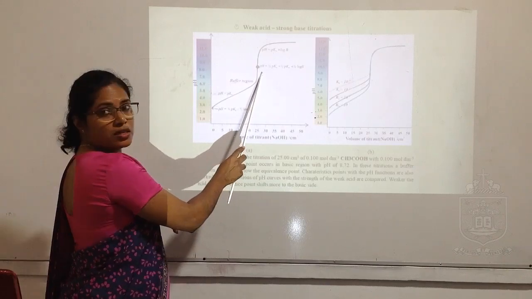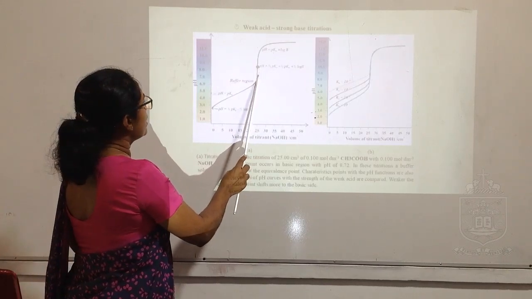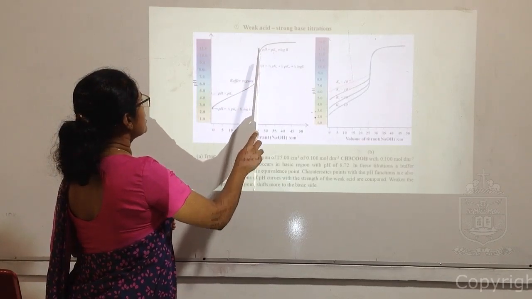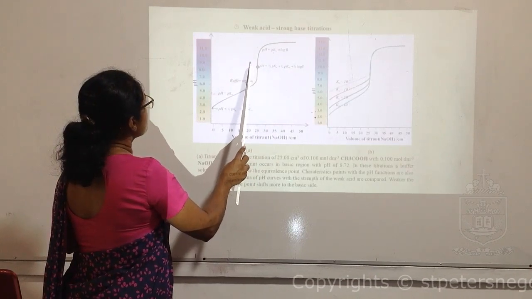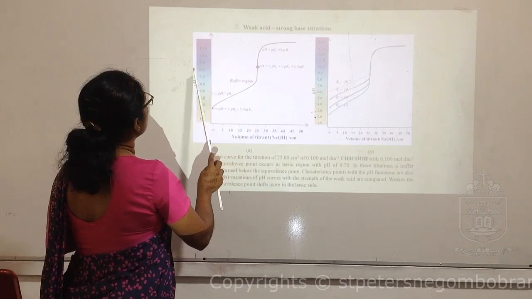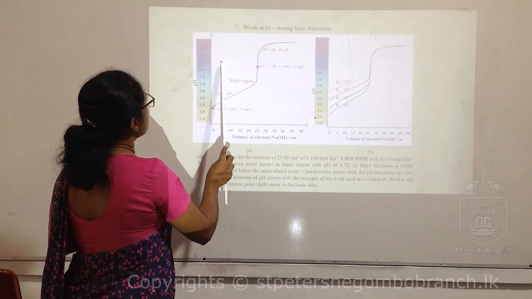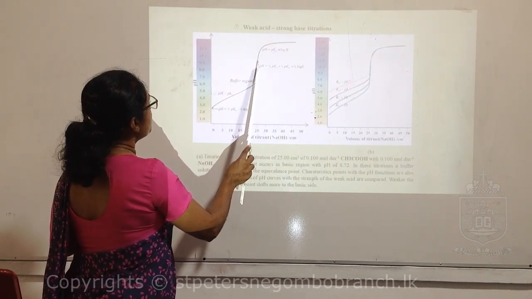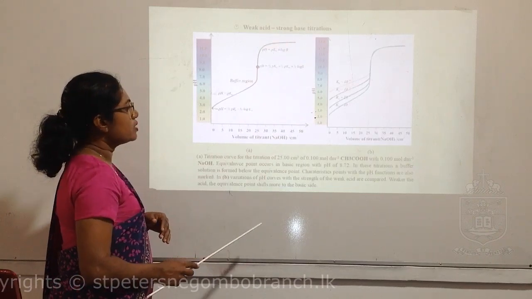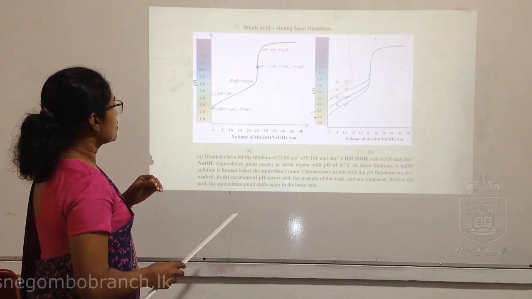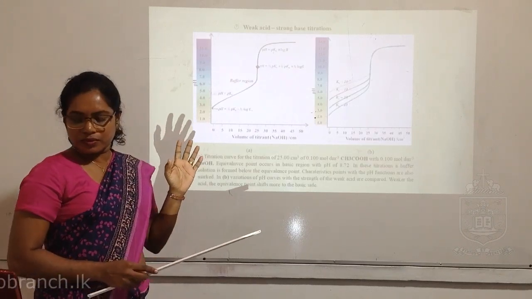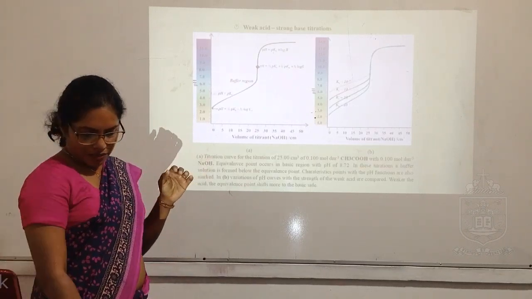and there's a steep change of pH we can find in this area, and this is the equivalence point. It lies between 8 and 9 pH values. This is the equivalence point of this titration. And there's a special thing we can find.